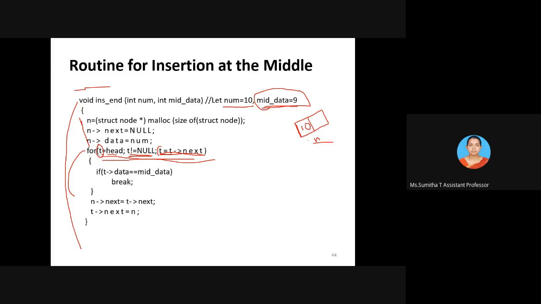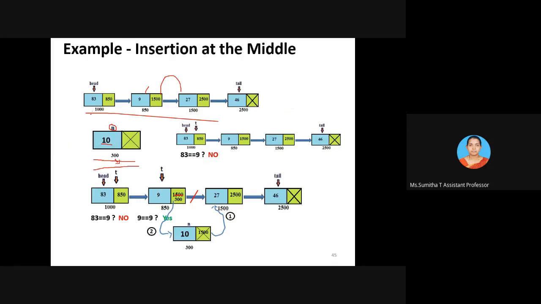Which node is allotted to t? That means the first node. In the first iteration, t is assigned to the head node. In the second iteration, it moves on to the next node.